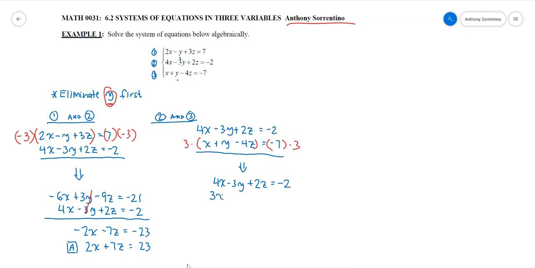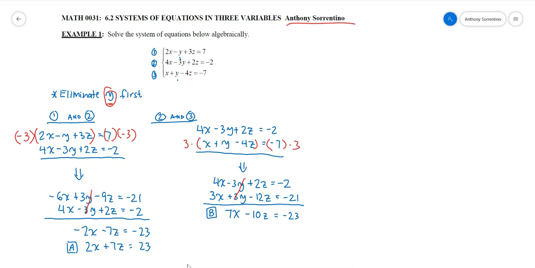And I'm going to have 3x plus 3y minus 12z equaling a -21. And when I add them together, I get 7x. The y's cancel again. They should. That's what I was designing it to do. Minus 10z equals a -23. And I'm going to call this equation B.